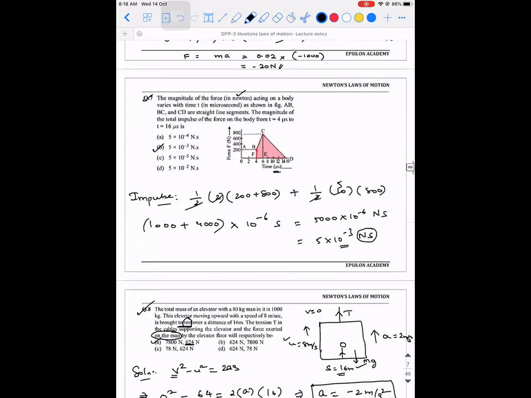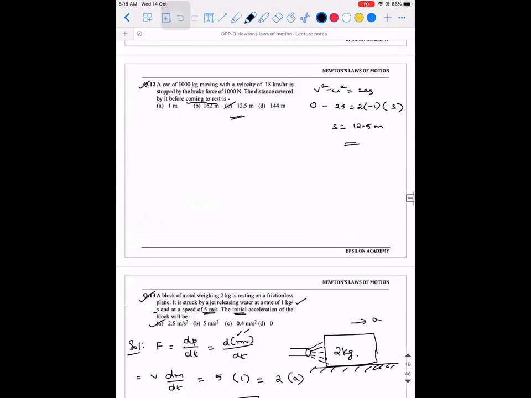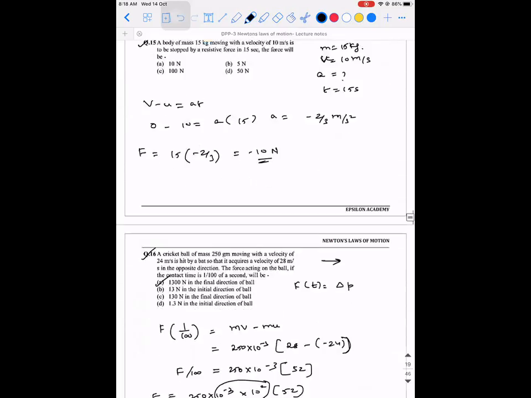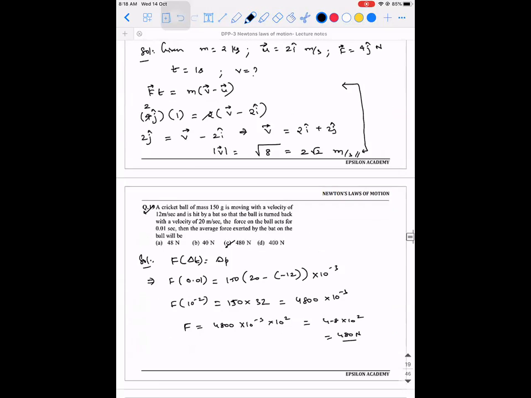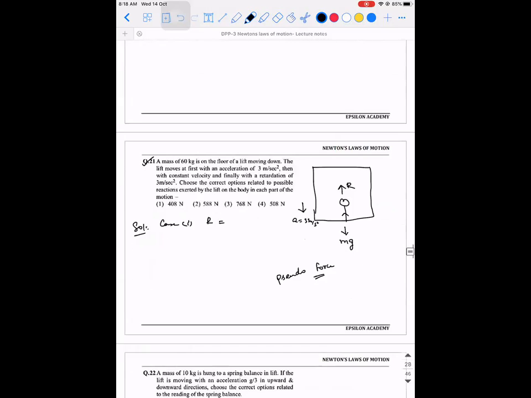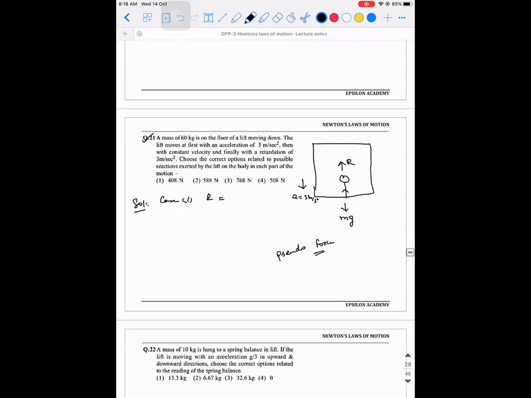Okay. So using the same logic, I want you to tell me what is the answer. Here, how did I know that I am supposed to apply pseudo force? Because they told that the lift is accelerating.